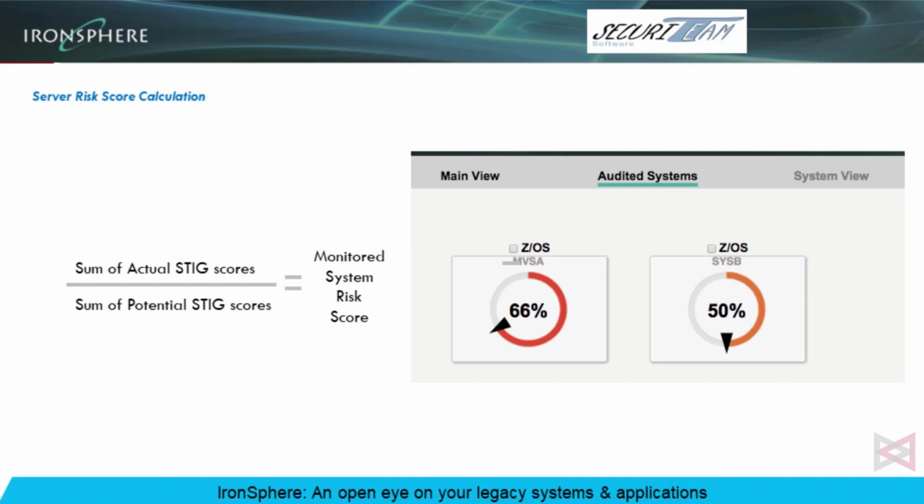So we calculate the overall severity levels, the actual severity levels assigned to the checks, accumulate them and divide them by the potential, because each check has a predefined potential of severity, maybe assigned, maybe not. The result is a percentage which gives the monitored system risk score.